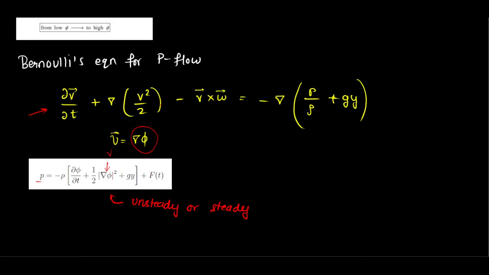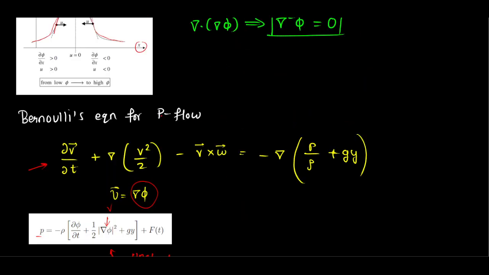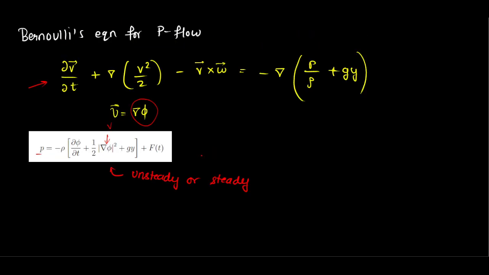But now in our case, as you can see, we have taken magnitudes. So this is a scalar equation for pressure under the assumption of potential flow, for steady or unsteady flow. And also, since we are talking about potential flow, it should be strictly irrotational. So this is the main difference which we have found.